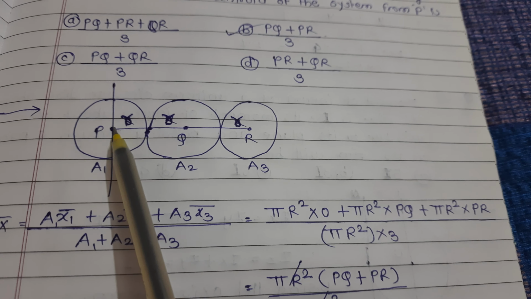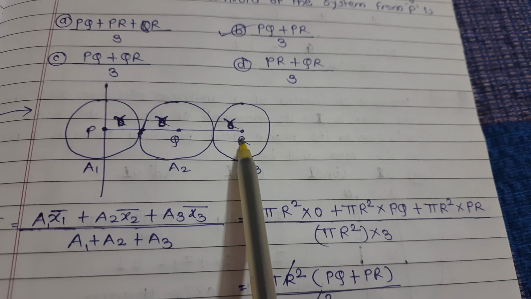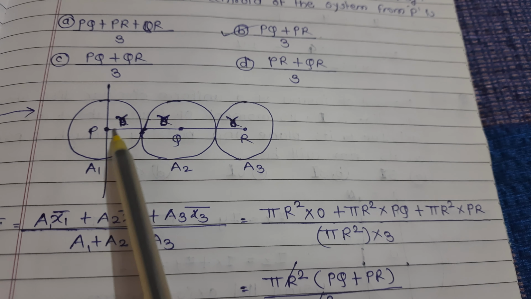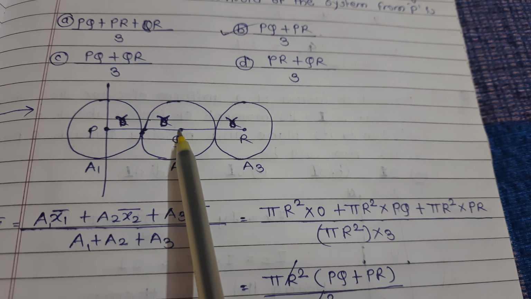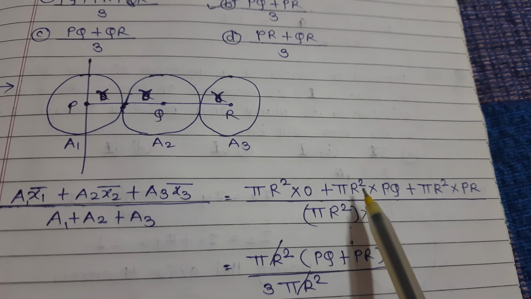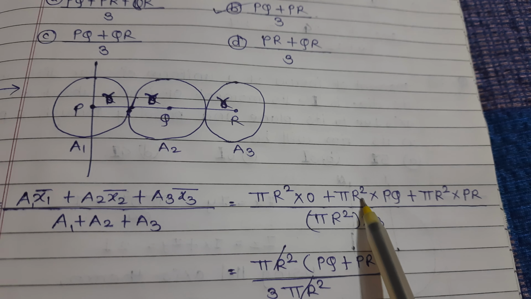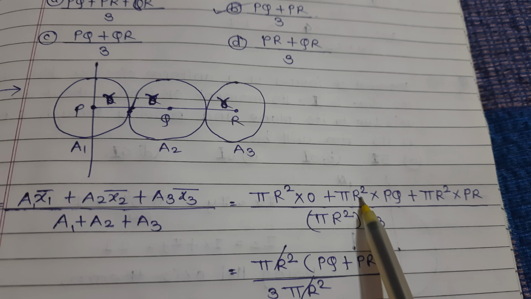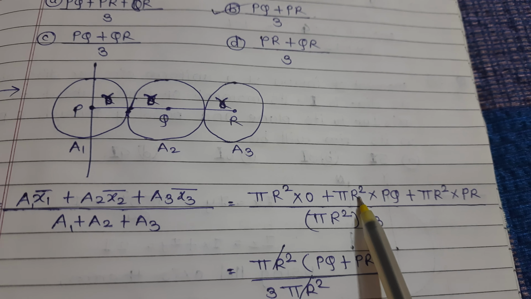Again for the third, PQ plus QR. Pi r square into 0, then A2 is pi r square again, because the three circles are identical, into distance PQ.